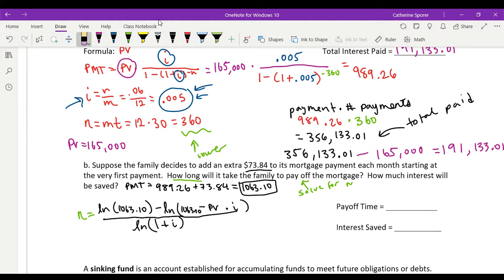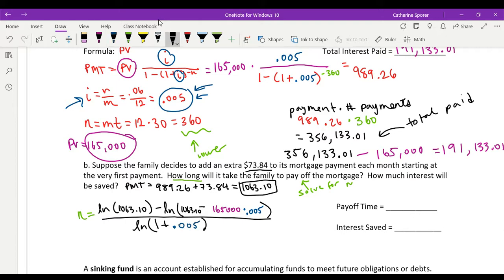The present value of the loan is still this $165,000. That's still the amount that needs to be paid off. And the i is still this 0.005. Okay, so we're going to replace i with 0.005.